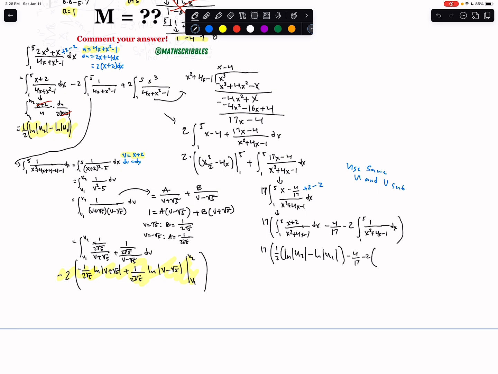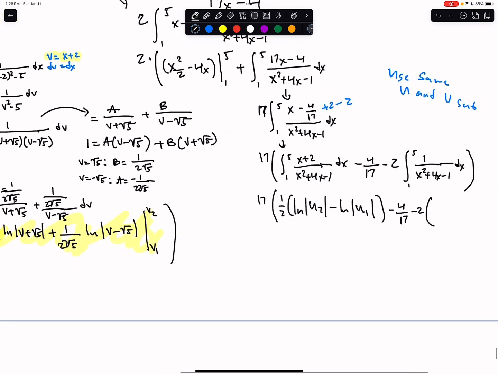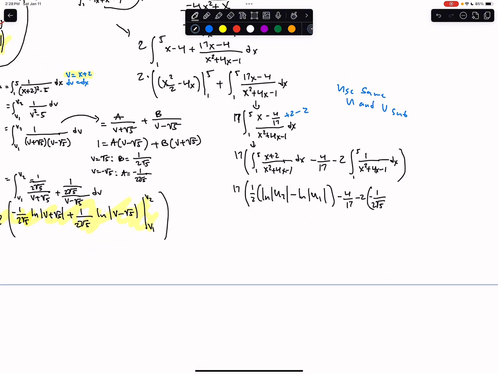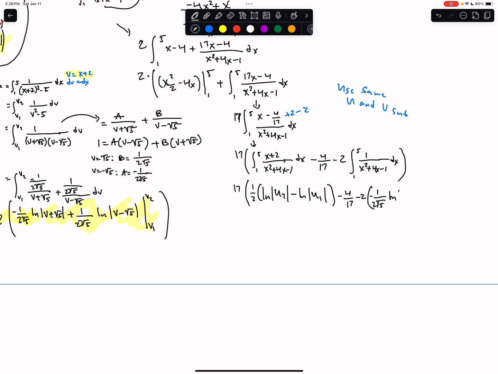Yeah, minus 2, we included the minus 2. So yeah, we don't have to write a minus 2 again. Negative 1 over 2 square root of 5 ln absolute value of v plus root 5 plus 1 over 2 root 5 ln absolute value of v minus root 5 from v1 to v2.